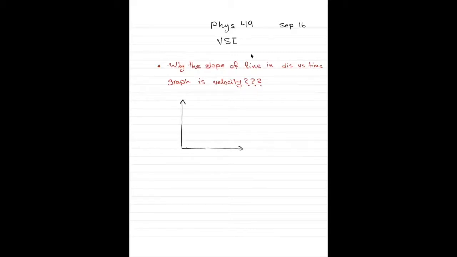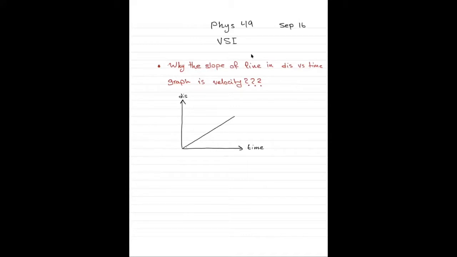The x-axis usually indicates time, and the y-axis is distance, with however units we're going to use. Let's say we have an object that is moving and covering equal amounts of distance across equal time intervals. That will be our line for that object.